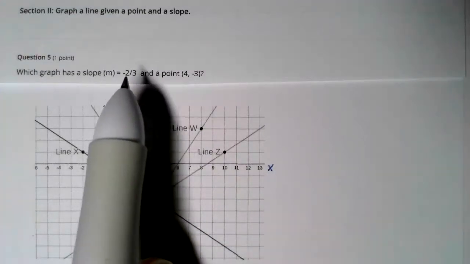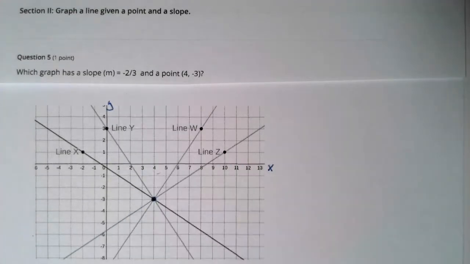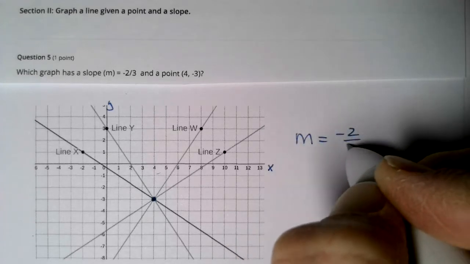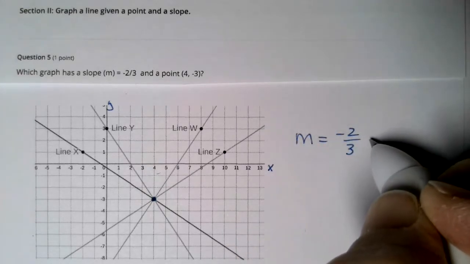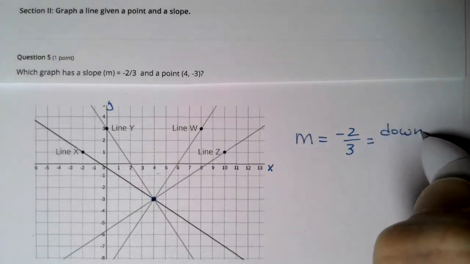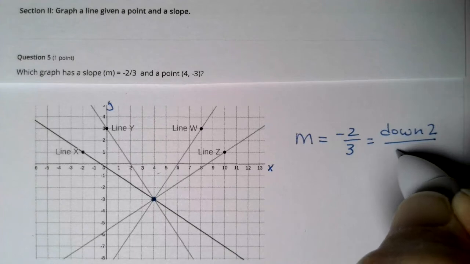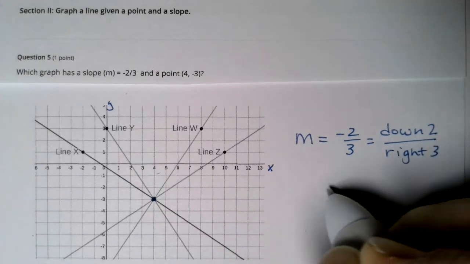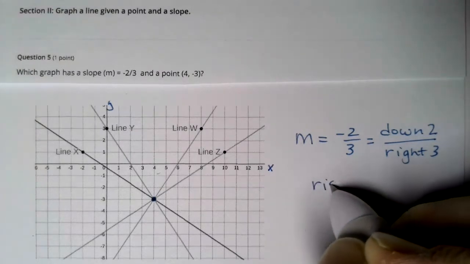So now we have to look at the slope of negative 2/3. So if our slope is negative 2/3, you can think of that as going down 2 and to the right 3. Remember, slope is rise over run.